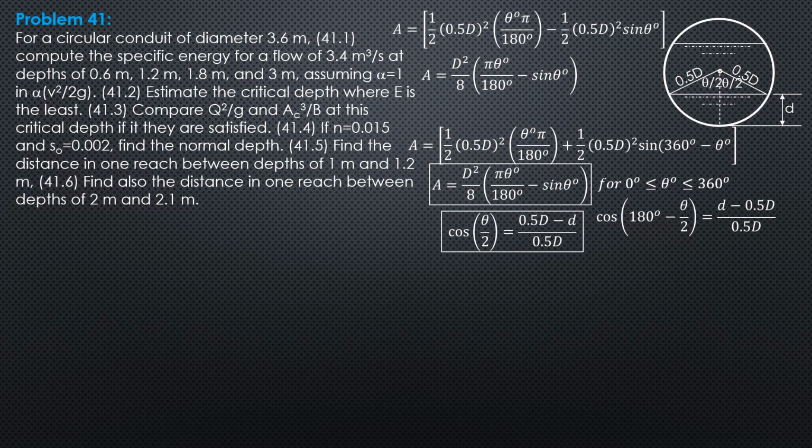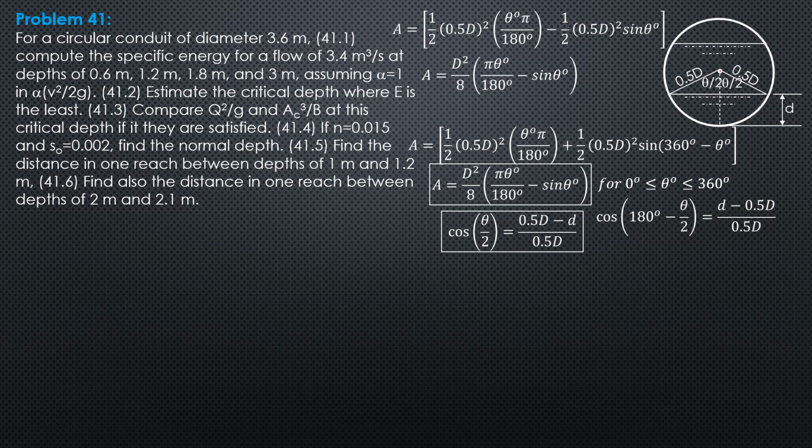So again, this is the depth minus 0.5 d, then divided by the hypotenuse, which is 0.5 d. So cosine of 180 minus theta over 2 is cosine 180, which is negative 1, times cosine of theta over 2, plus sine 180, which is 0, times sine of theta over 2. So this is negative cosine of theta over 2.